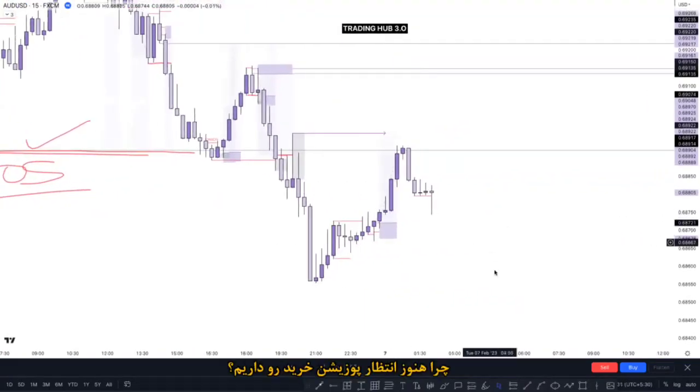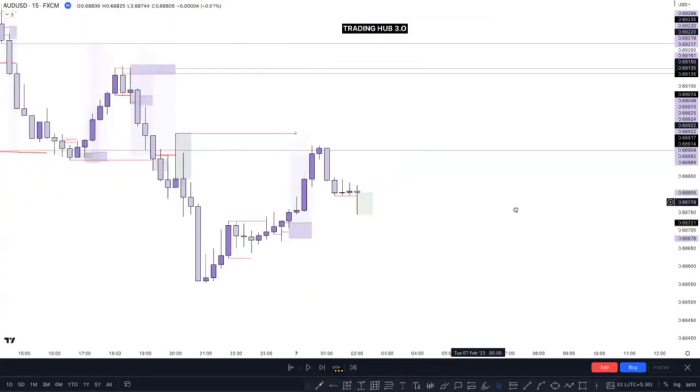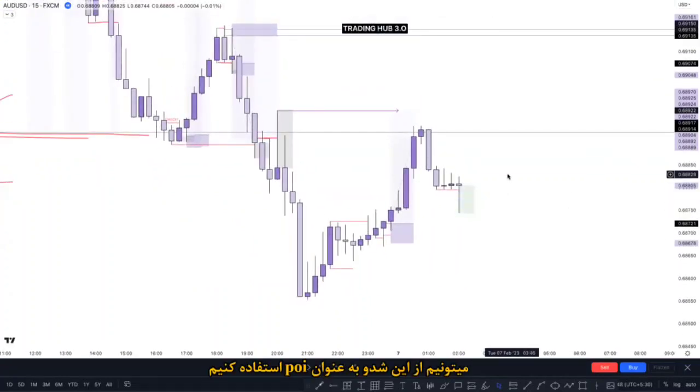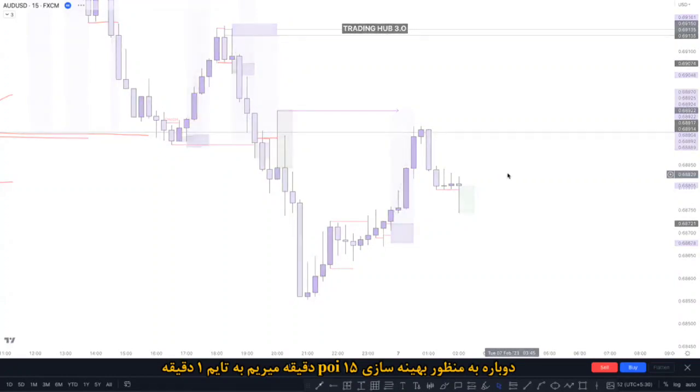Why are we still buying here? Because the market has not taken out the inducement. That's why we are willing to buy here on this order block. Because this is a bearish shadow, right? So we can use this shadow only as a PY. Again, you have to switch here to the 1 minute time frame for refinement purposes.